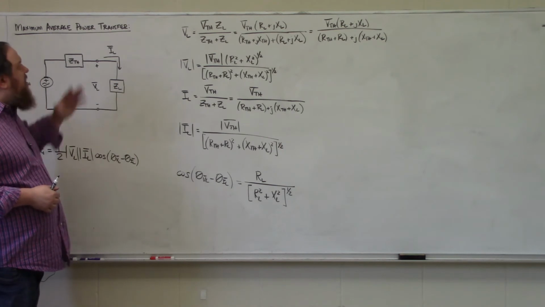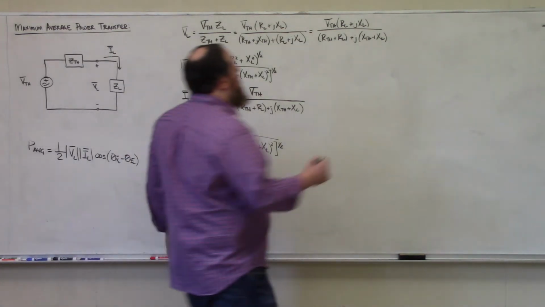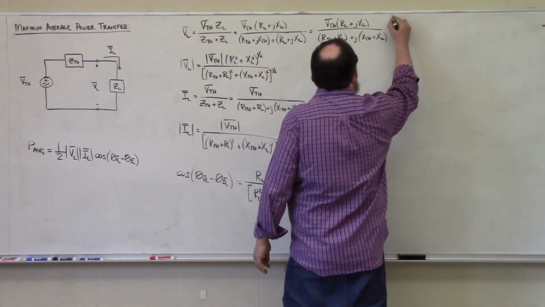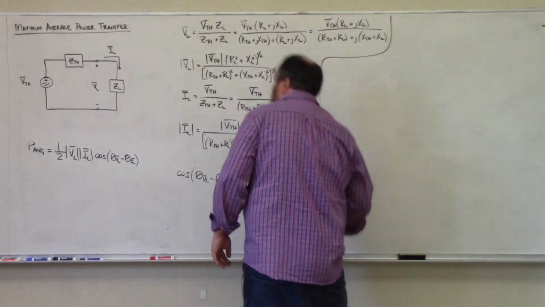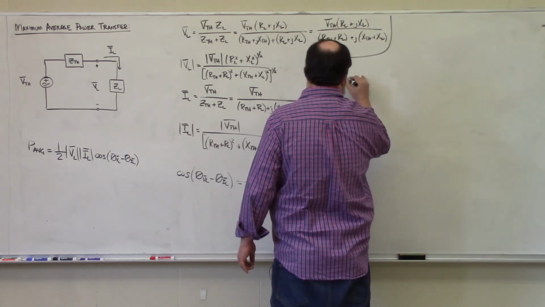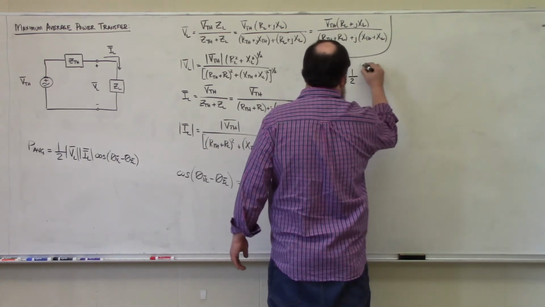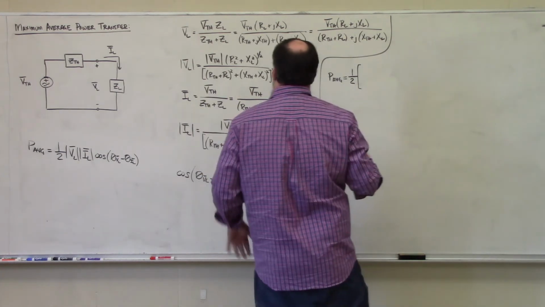So, what's going to happen now that I have all three of these constituent parts? Well, let's find out, shall we? My average power is going to be 1/2 times the magnitude of our phasor voltage.